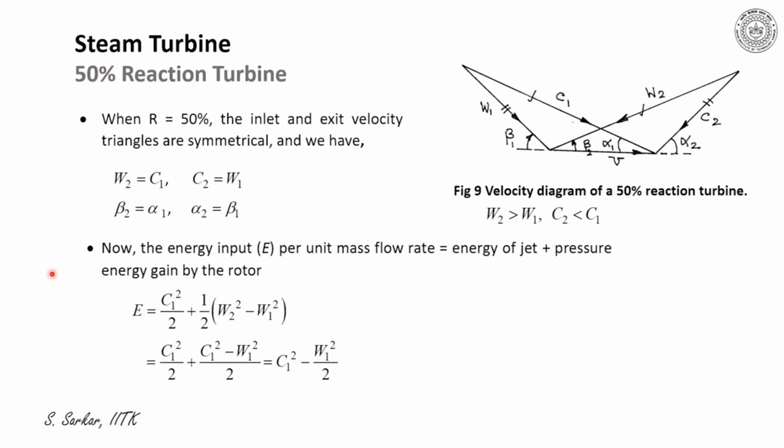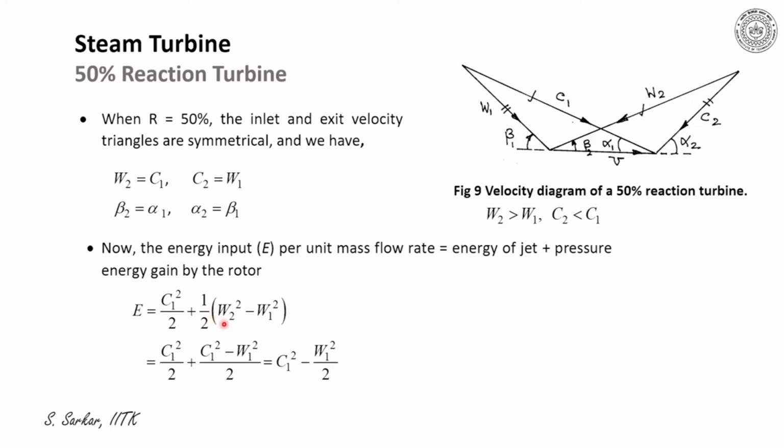Again, I can say the energy input E per unit mass flow rate can be stated as the energy absorbed, which is coming from the nozzle, plus the pressure energy gain because of expansion of fluid within the rotor. Thus, E is equal to C1 square by 2 plus half of W2 square minus W1 square.